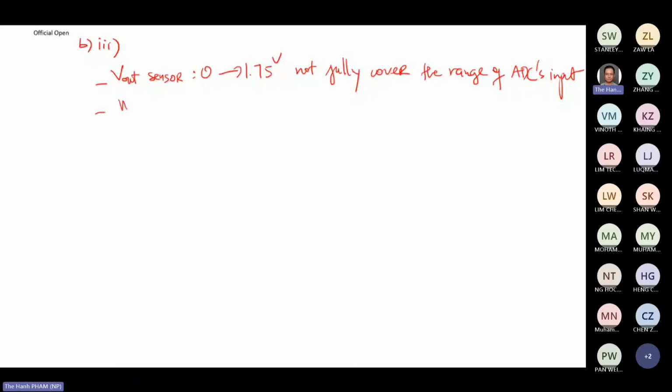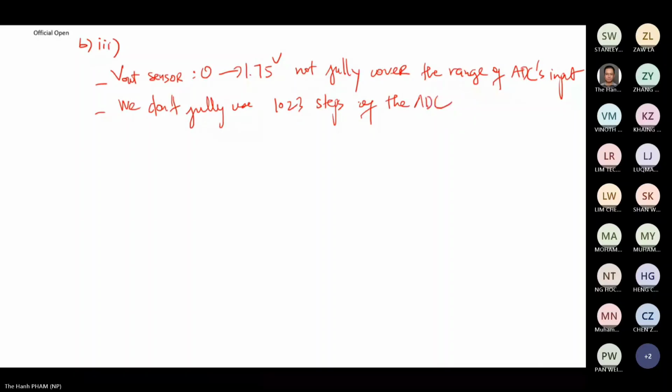Because of this, we don't fully use the 1, 2, 3 steps of the ADC, right? So from here, we see we have a resolution of 2.49 degrees Celsius per step, right?